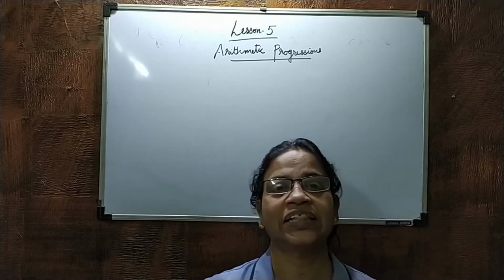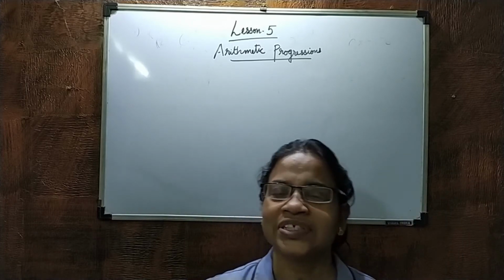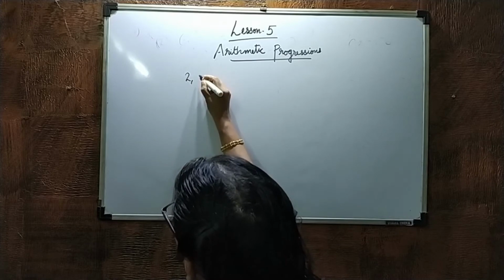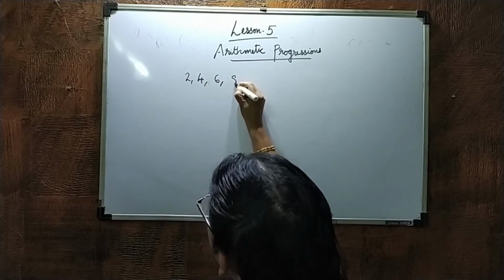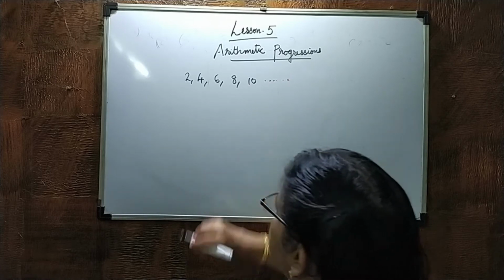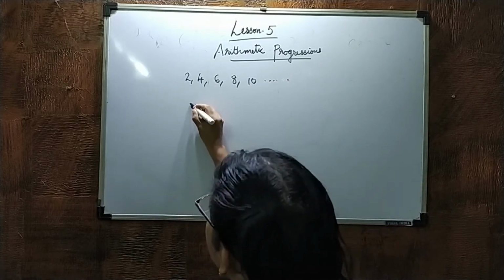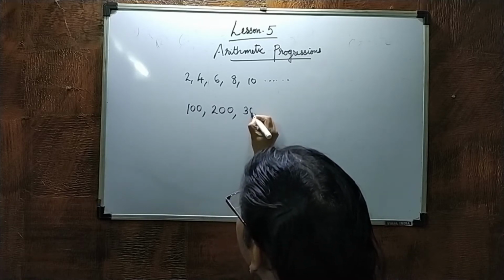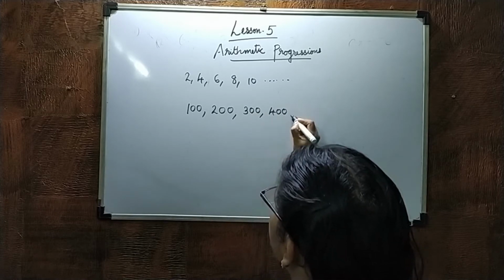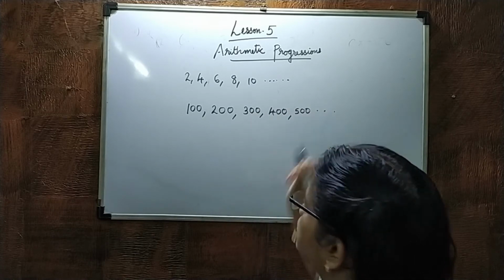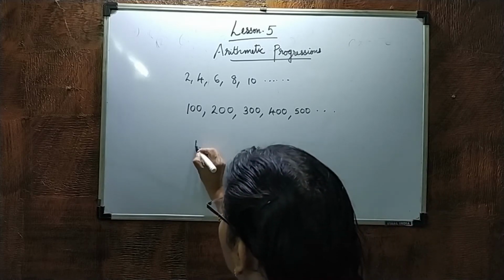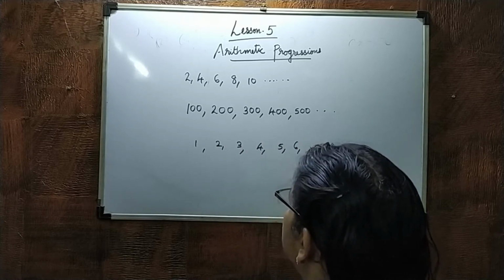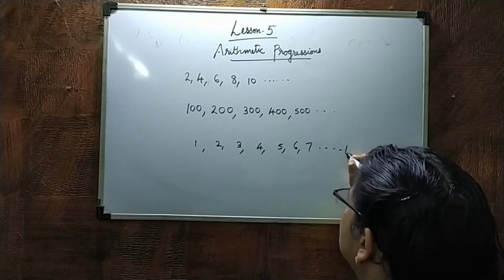Lesson number 5, Arithmetic Progression. I'll give one sequence. Here it is: 2, 4, 6, 8, 10, etc. And then one more: 100, 200, 300, 400, 500, etc. Again: 1, 2, 3, 4, 5, 6, 7, etc. up to 10.